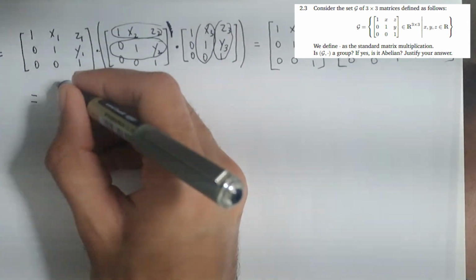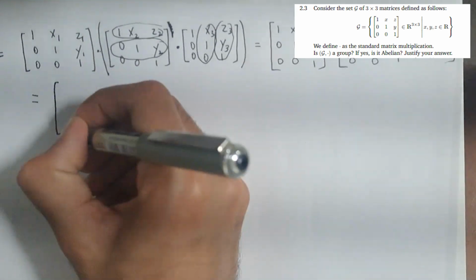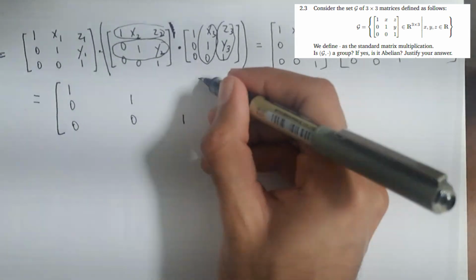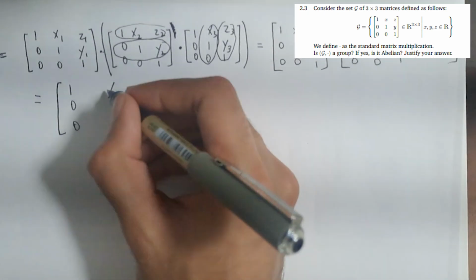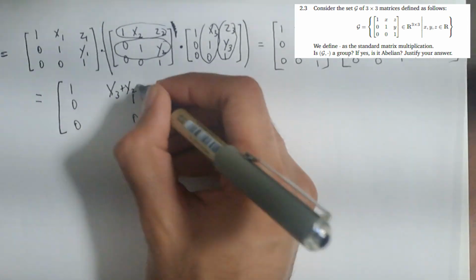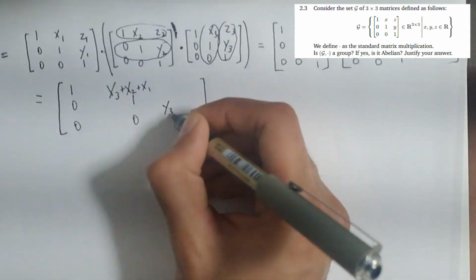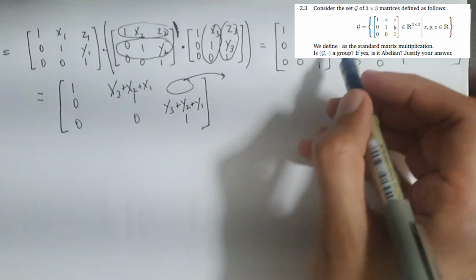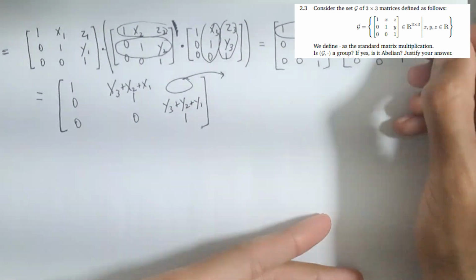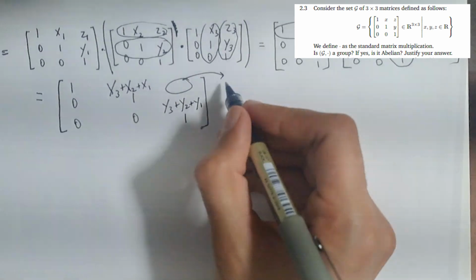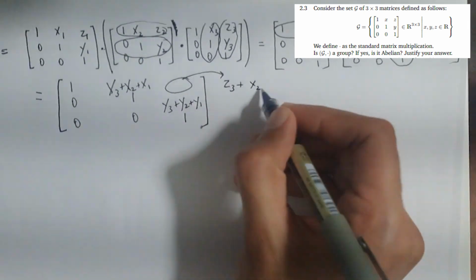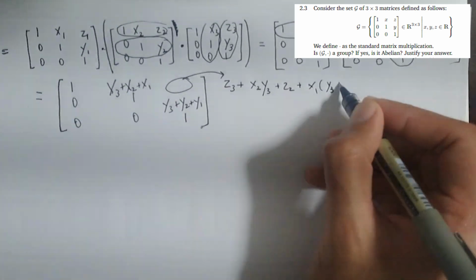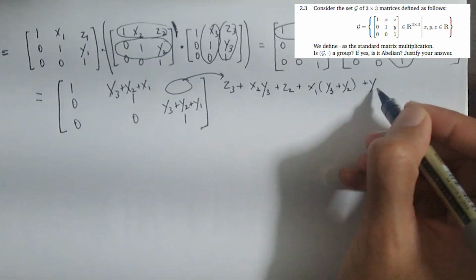And we'll do this. I'll space these out as I expect the output to be fairly long. And you'll notice that this is x3 plus x2 plus x1, y3 plus y2 plus y1. It's again a long element, and this we expect to be z3 plus x2 y3 plus z2 plus x1 y3 plus y2 plus y1.